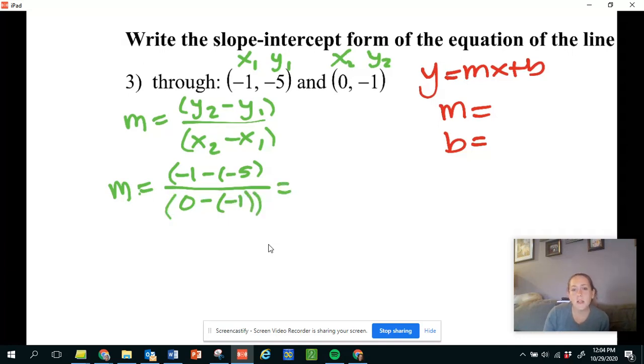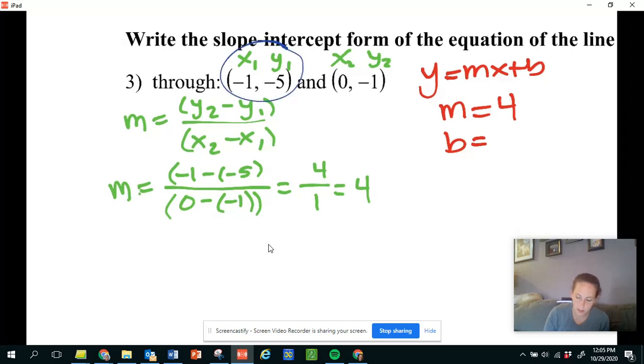Remember that minus a negative becomes a plus. So this is going to end up being -1 plus 5, which is 4, and 0 plus 1, which is 1, and 4 over 1 is just 4. So that means that I found my m. M is 4. For b, I have to plug in; I can use any point I want.